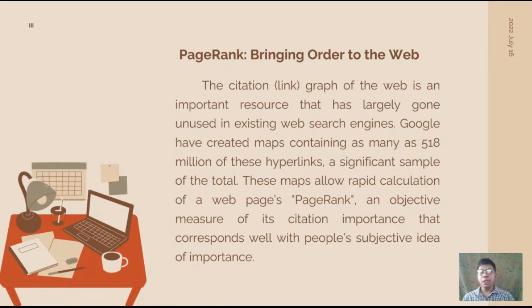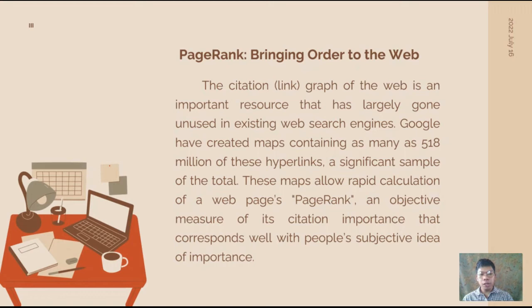PageRank: bringing order to the web. The citation link graph of the web is an important resource that has largely gone unused in existing web search engines. Google has created a map containing as many as 580 million of these hyperlinks, a significant sample of the total.